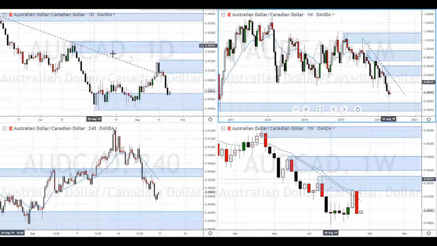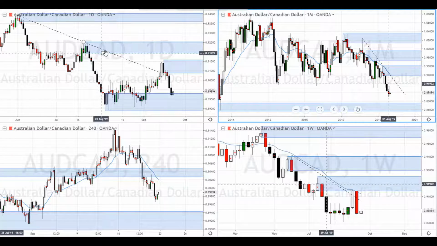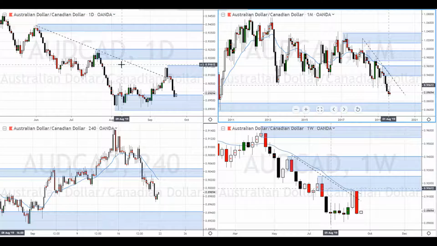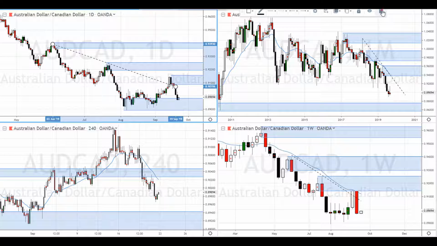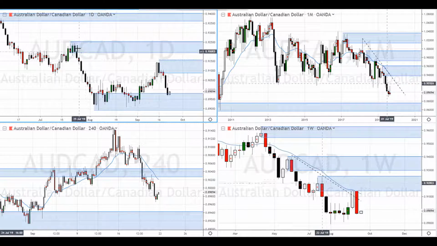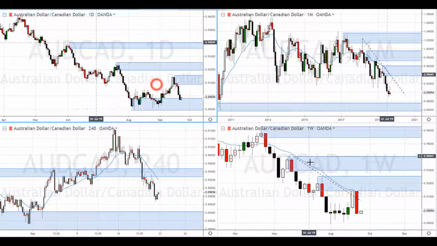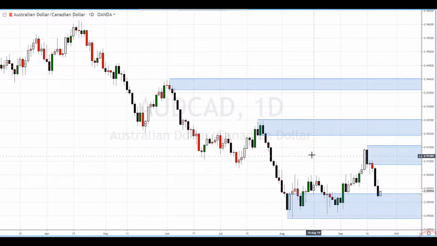On the daily, there's a supply zone created down here, and then it's out of alignment with the higher time frame zones because it dropped. Let's zoom in bigger.